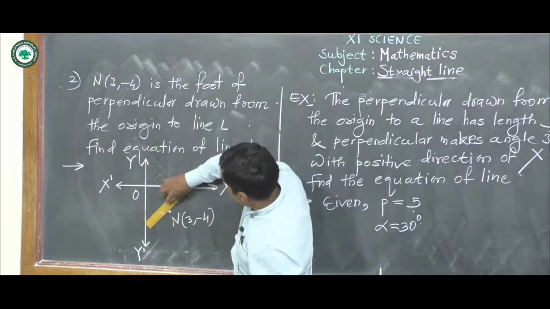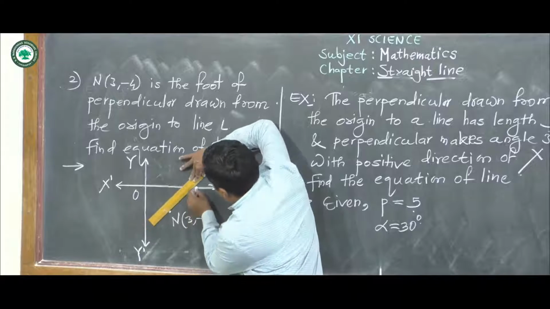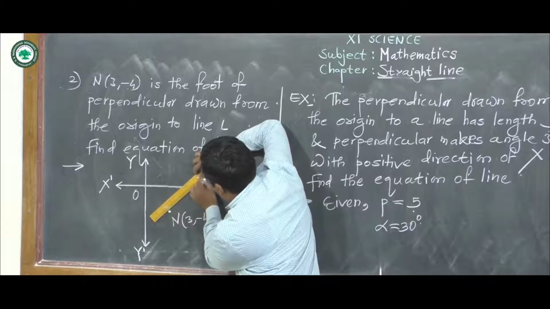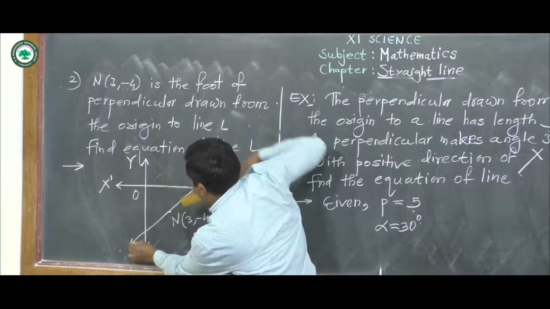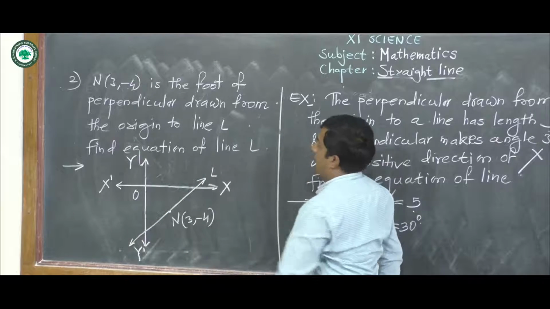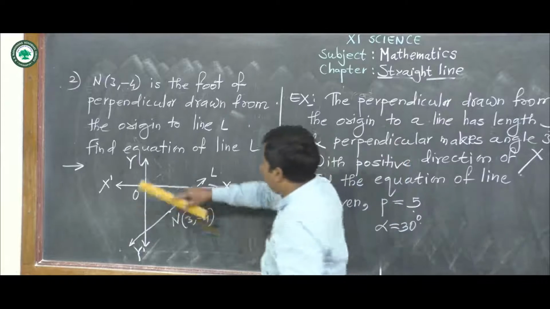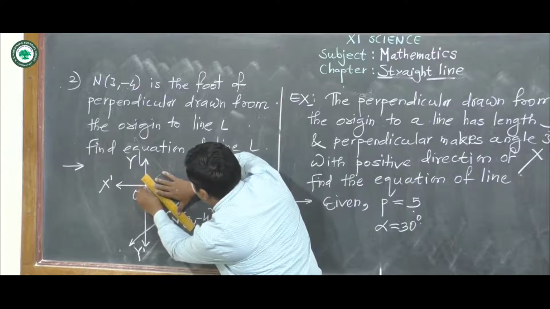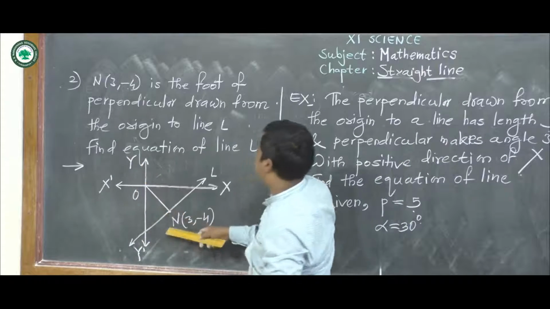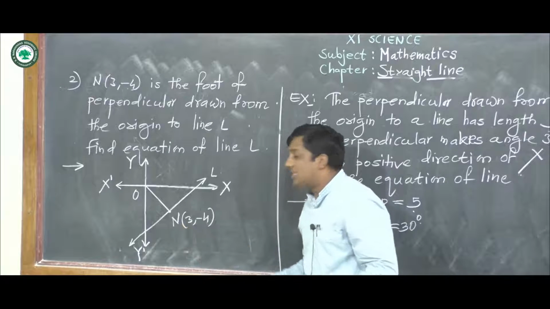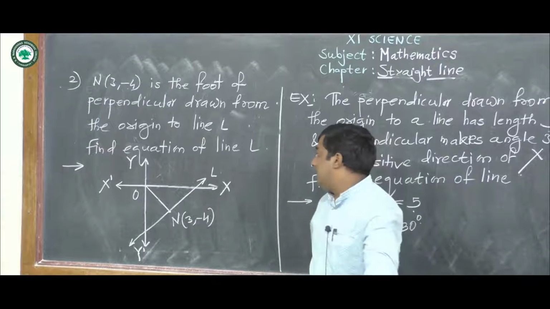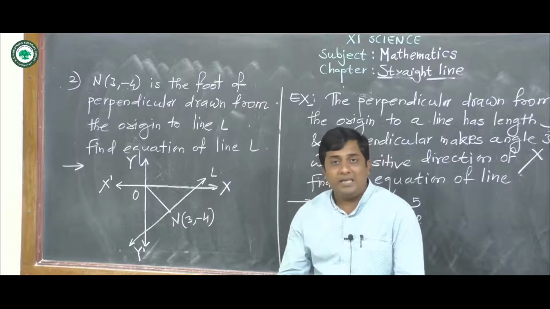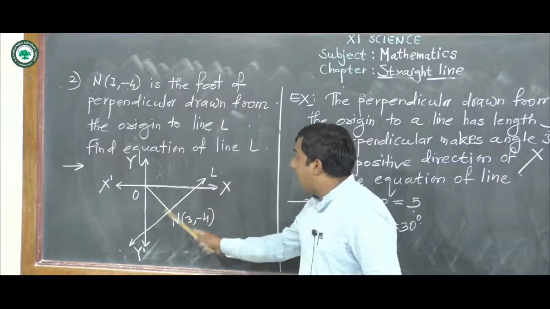Our line L passing through this N, like this. This is our line L. And here we consider perpendicular drawn from the origin to the line. So this N is the foot of perpendicular. So using these parts, we have to find the equation of this line L.